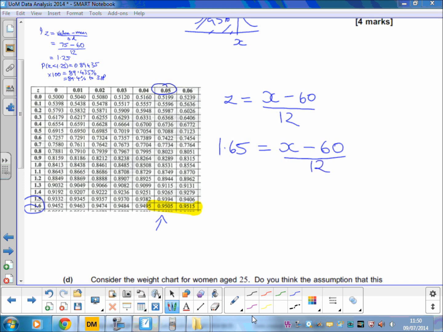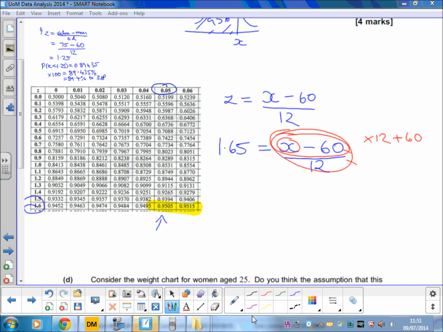Now you can either go straight and solve this in your calculator using the equation solver, or we can rearrange this. So we're trying to get to X, so X, take away 60, divide by 12. So to work back in, we're going to do times 12 plus 60 is going to be the order we're going to do things in.